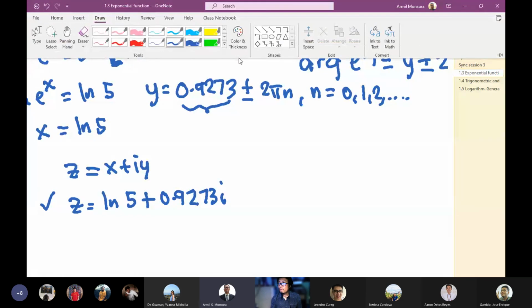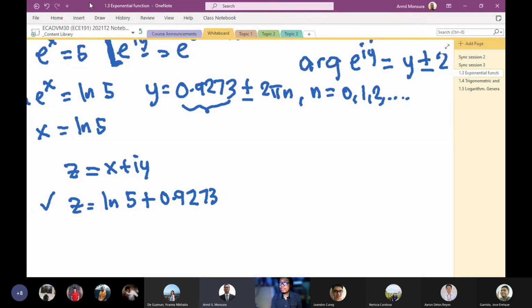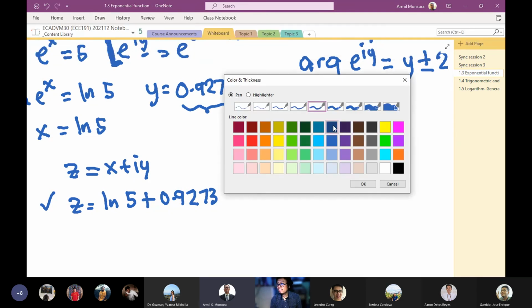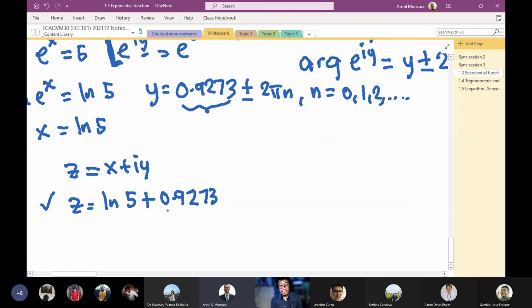So, we report now your final answer in this manner. Kasi pag ang nilagay nyo lang dyan yung answer na binigay natin kanina, that just gives you the principal value of z.